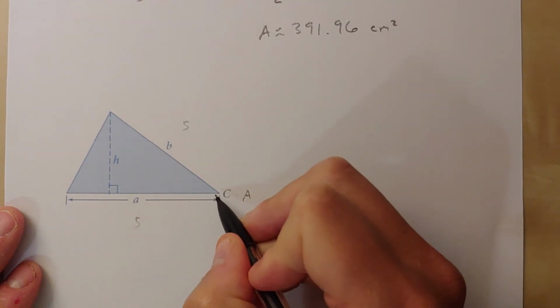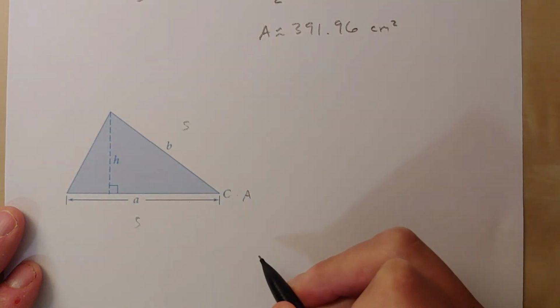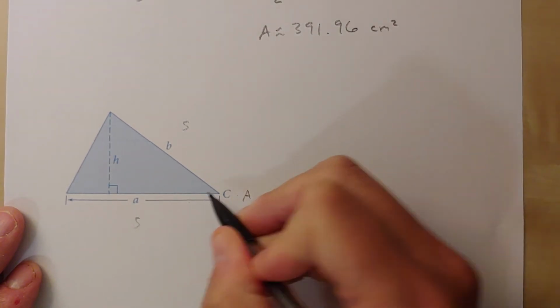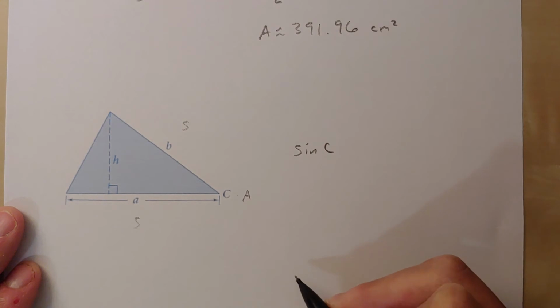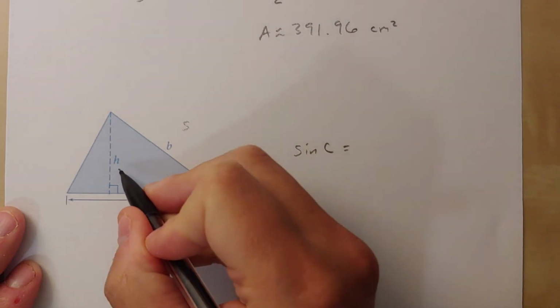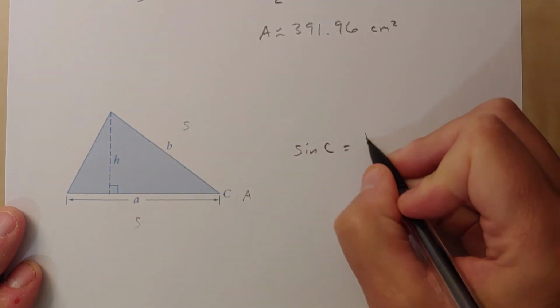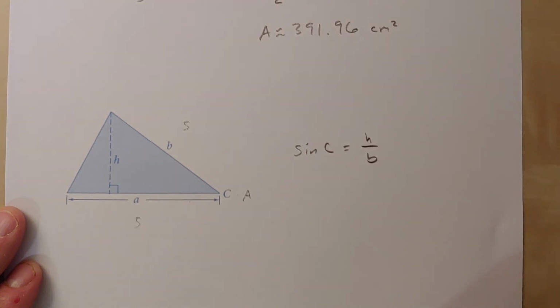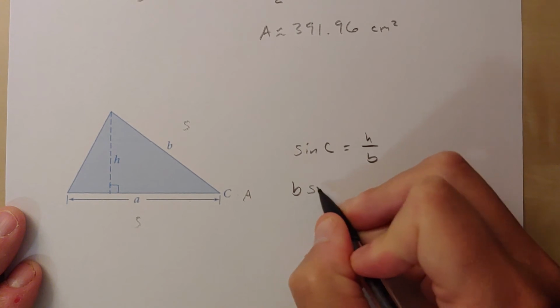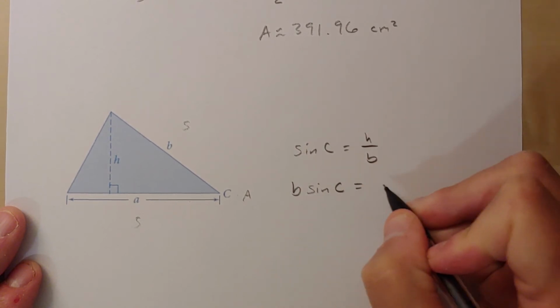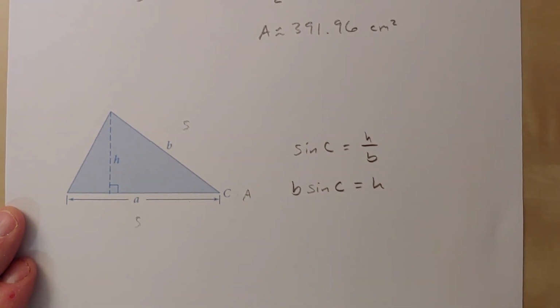If I was wanting to find the height, I would say, well, the sine of angle C is equal to opposite over hypotenuse. And solving for the height, I would multiply both sides by B. And so I would get B times the sine of C is equal to the height.